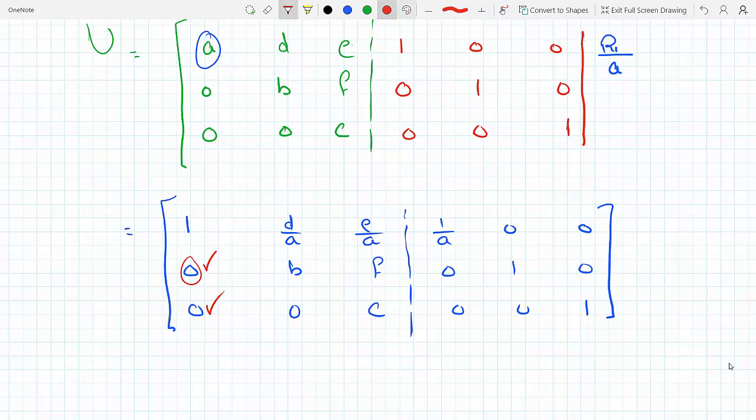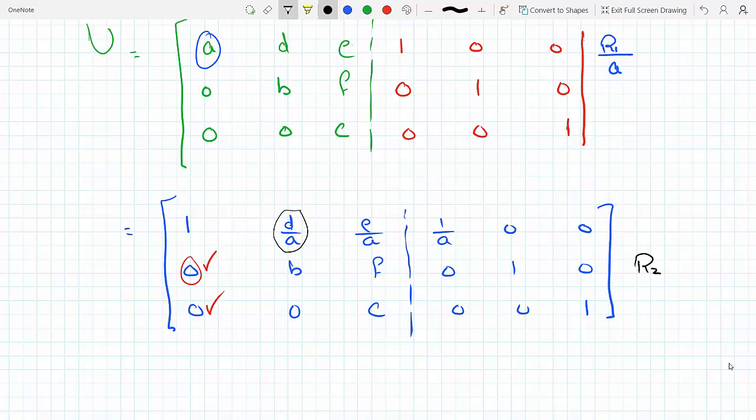Let's use black. If this needs to be a 0, I need to use my second row so that I don't change the first element in the first column. Whatever I multiply row number 2 by, 0 doesn't change, and when I add it to row 1, it doesn't change the first cell of the first column. So I need row number 2 to be added to row number 1, and this entry needs to go away.